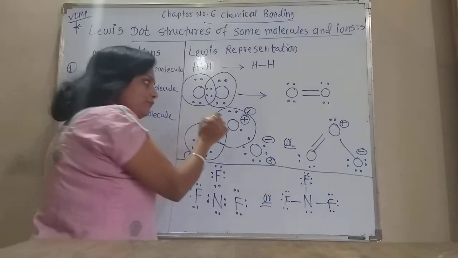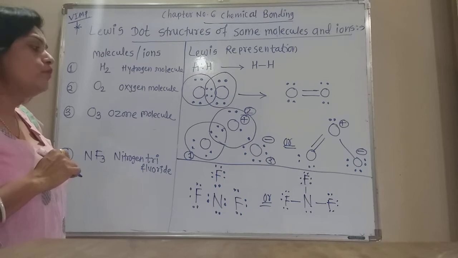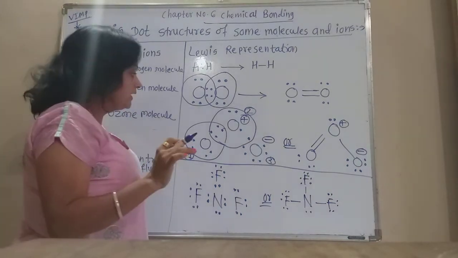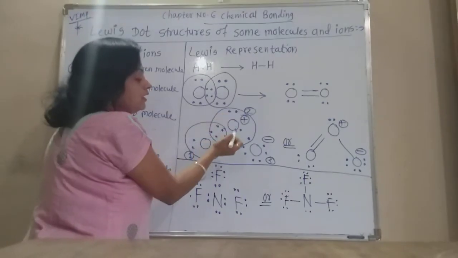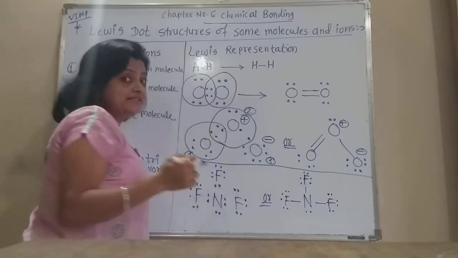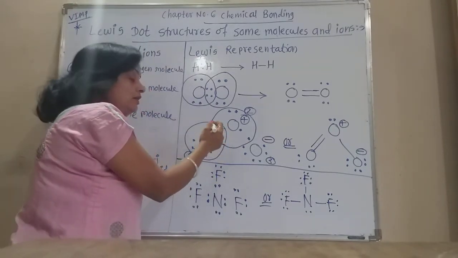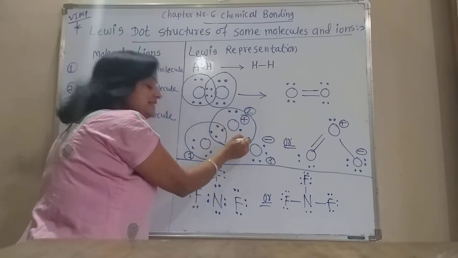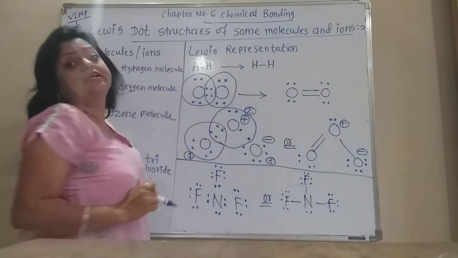But I put the positive charge here. Why did I put the positive charge? Because the oxygen atom on its own has 6 electrons. 1, 2, 3, 4, 5, but the 6th electron is not shown here. Oxygen itself gives both of these electrons of its own to put the single bond between them.